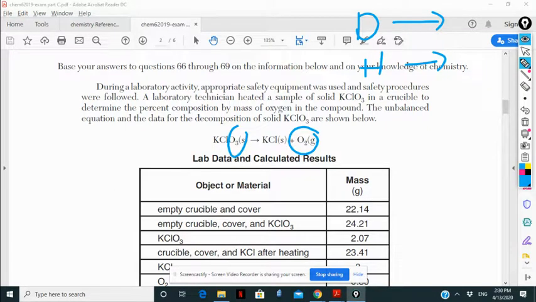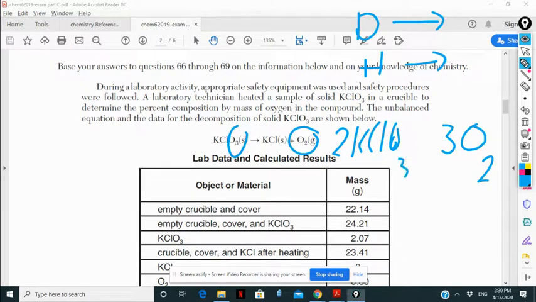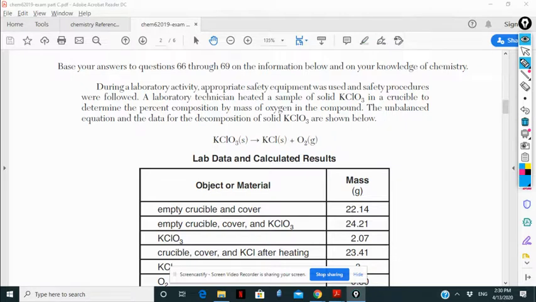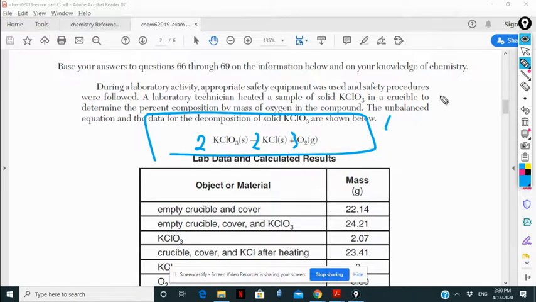So the least common multiple is 6, so I have to say 3O2 to make it 6, and over there is going to be 2 KClO3. Now I'm going to change the numbers. Here I'm going to write 3. Here I'm going to write 2. So what happened here? I have 6 oxygen. Now I'm going to balance the potassium. I have 2 potassium, 1. I'm going to write here 2. Now I have 2 chlorine, 2 chlorine. Now I balance it with the least coefficients.